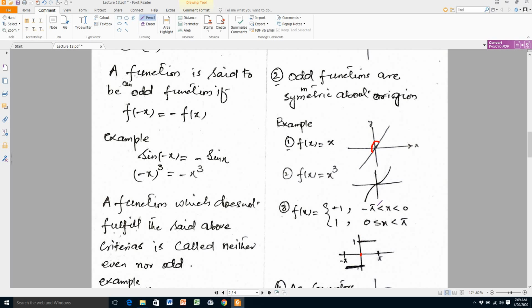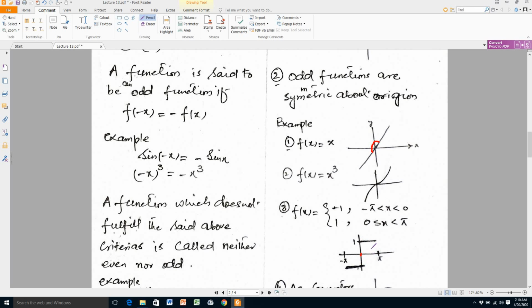For -pi to 0 the function value is -1, so I draw a line from -pi to 0 at -1, and from 0 to pi I draw a line at 1.